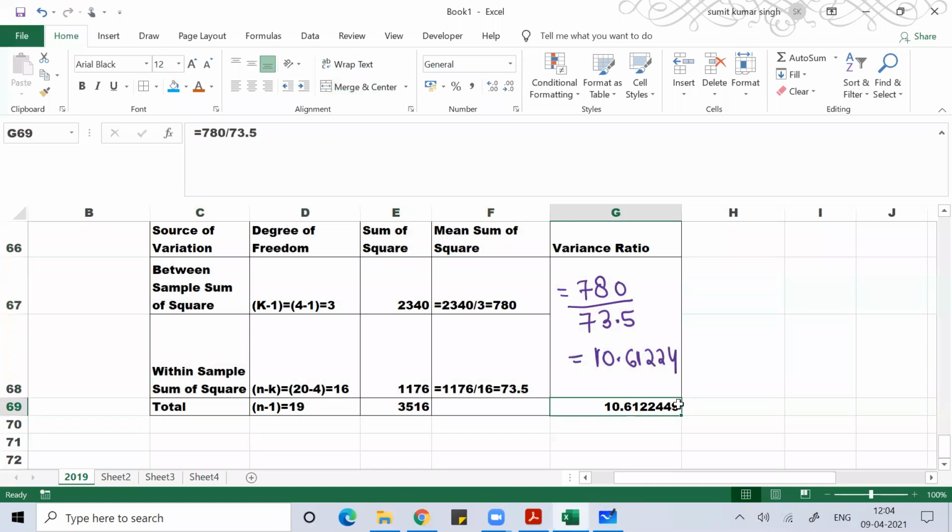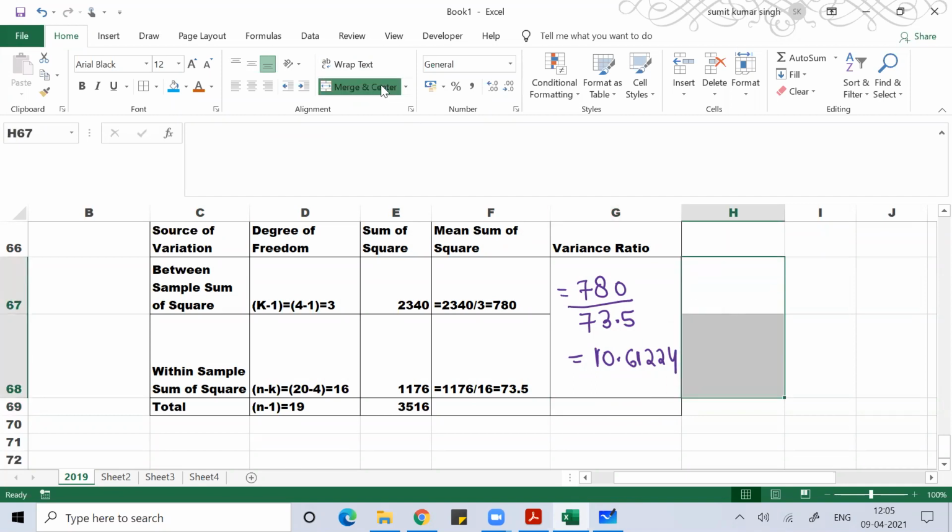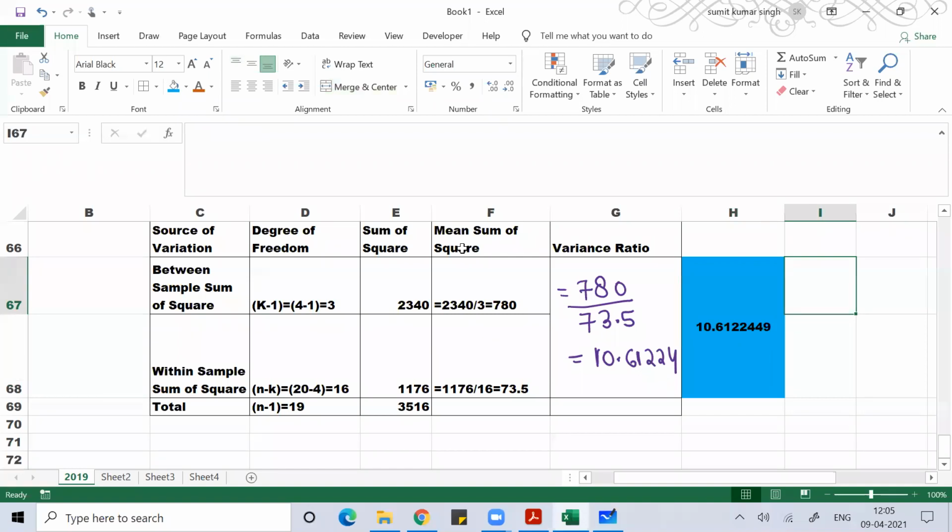This is what your variance ratio is. Clear everyone?